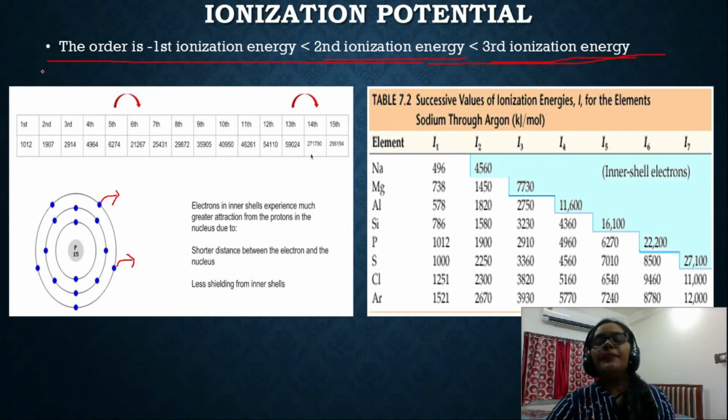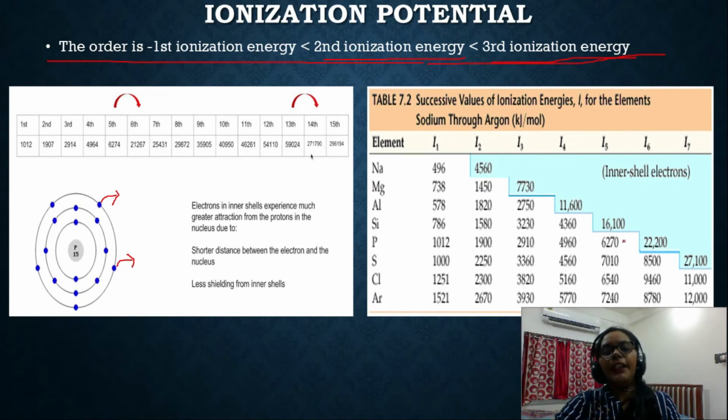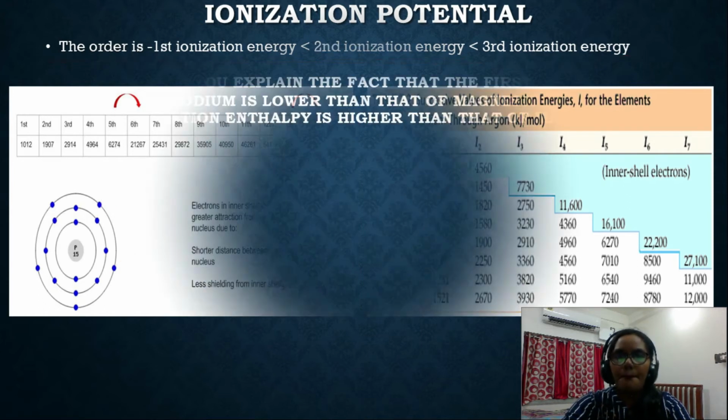That means for removal of the third electron, we have to apply more energy, because at that time the electron will be bound by the nucleus very strongly. That is why the third ionization energy will be high. Okay, understand? And obviously there will be some exceptional cases that we will also discuss.